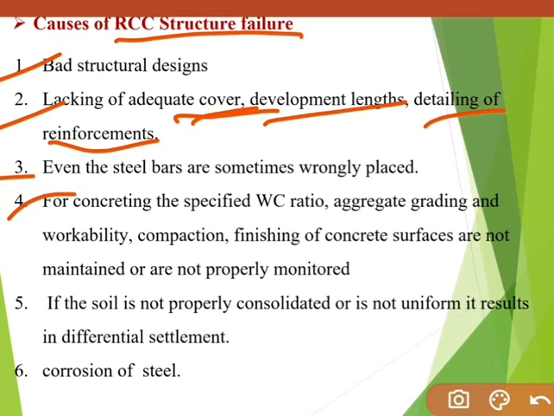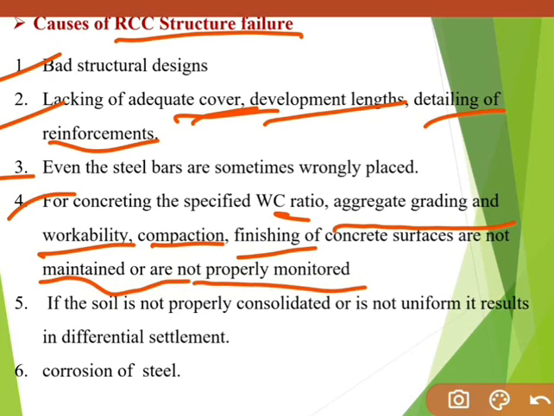For concreting, the specified water cement ratio, aggregate grading, workability, compaction, and finishing of the concrete structure may not be maintained or not properly monitored. Sometimes there may be defects in the compaction, finishing, or workability. In that case also the structural member fails.